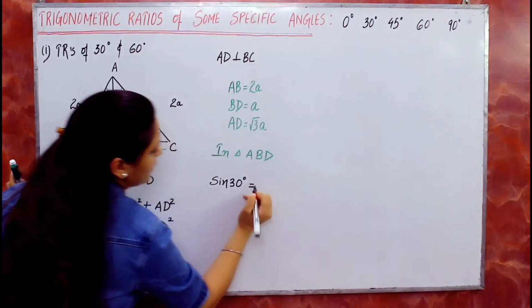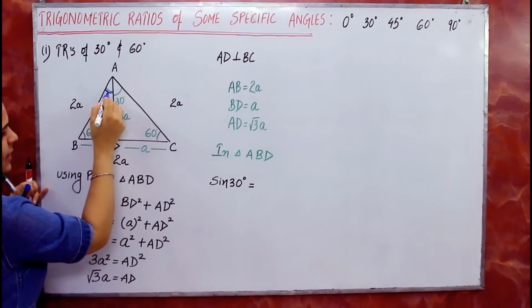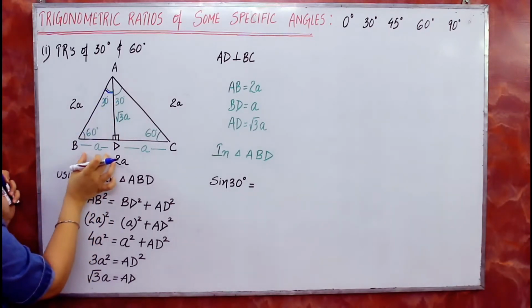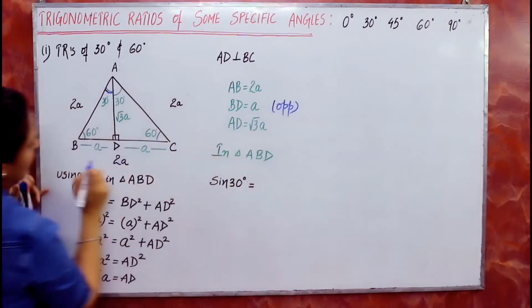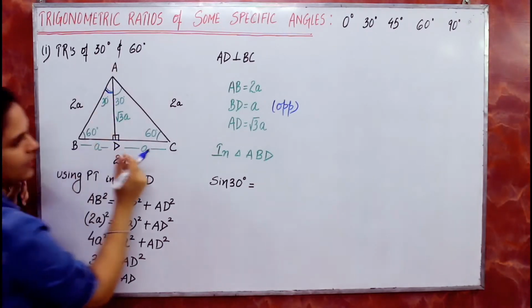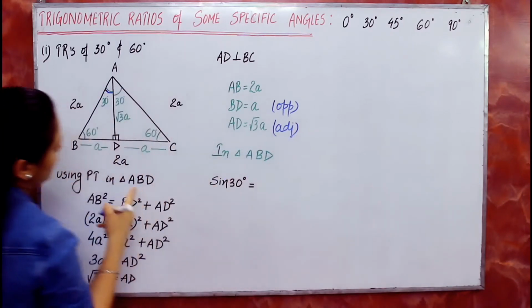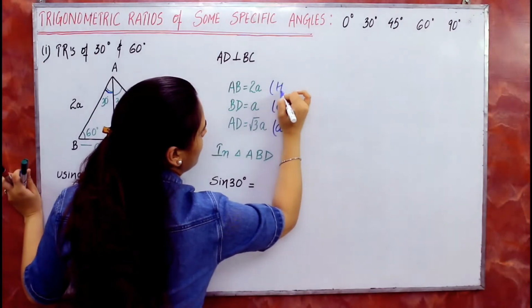For sine 30, because we are interested in this angle of 30 degree, the side opposite to it is BD, the opposite side. The side adjacent to this is AD, so AD is your adjacent side, whereas the side opposite to 90 degree is the hypotenuse.